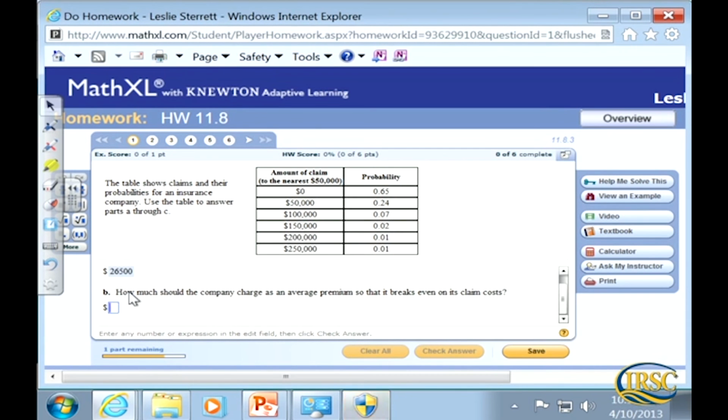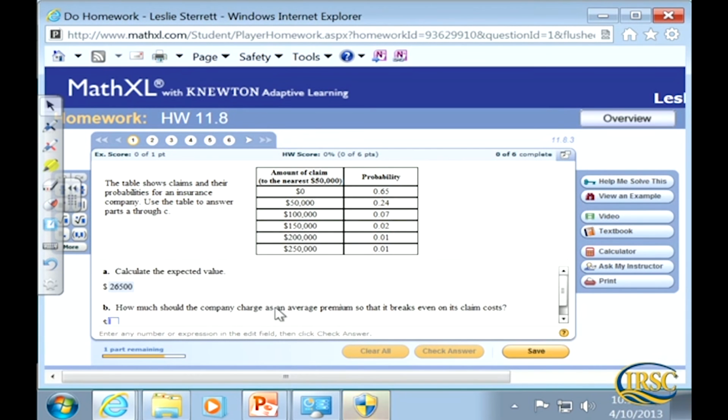Okay, now you need to understand what that means. If you're ever asked to describe what expected value means, you should always start with the words over the long run or something similar to that. So over the long run, what would happen? Let's say you're the insurance company, and this is what the expected value is on your clients.